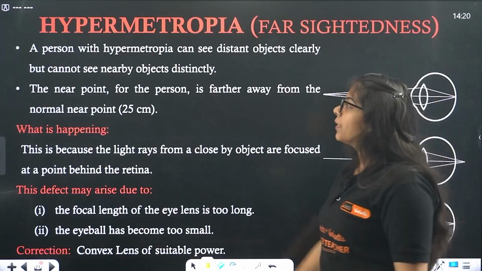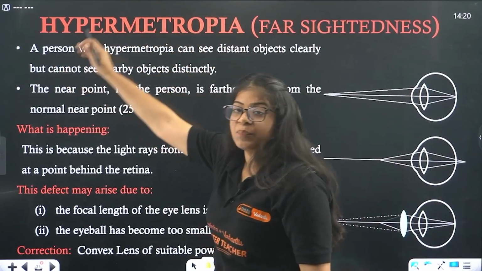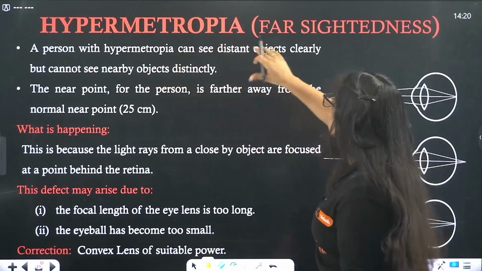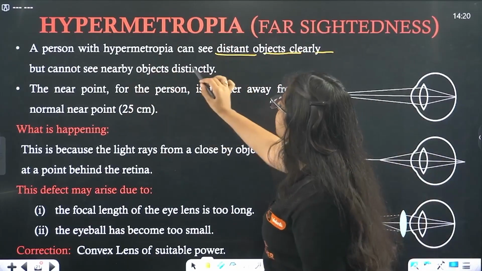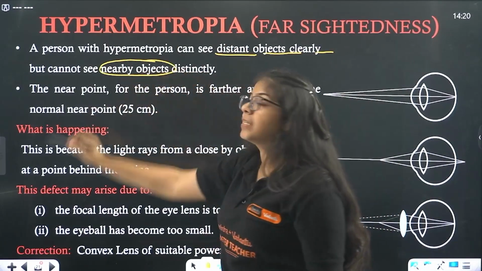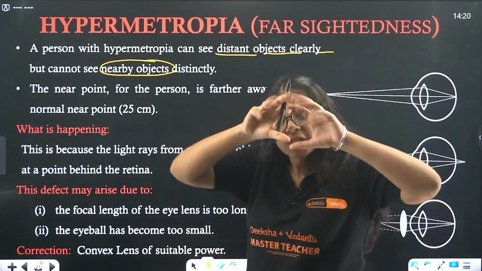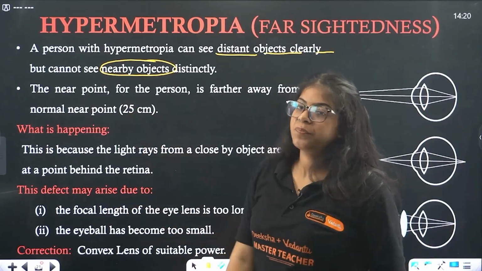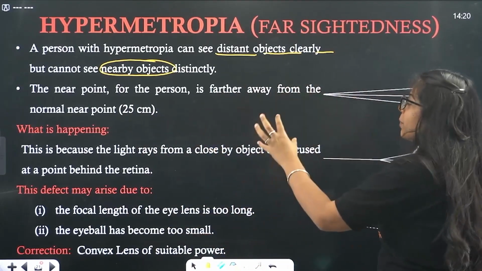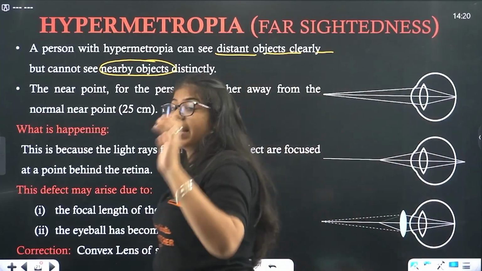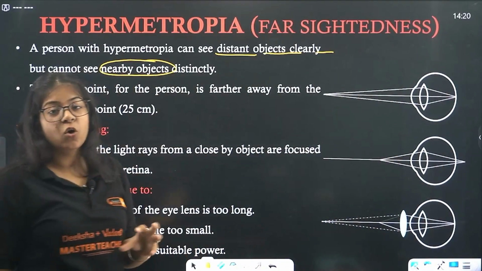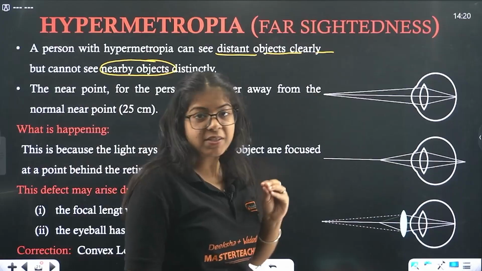Now beta, that is what the person with hypermetropia can see distant objects clearly, but they cannot see nearby objects distinctly. Again, distinctly means two distinct objects. Right? The near point for the person is farther from the normal near point. Now for a healthy eye, we know that near point is what? 25 centimeters.